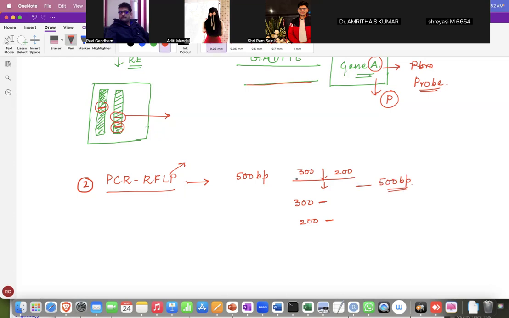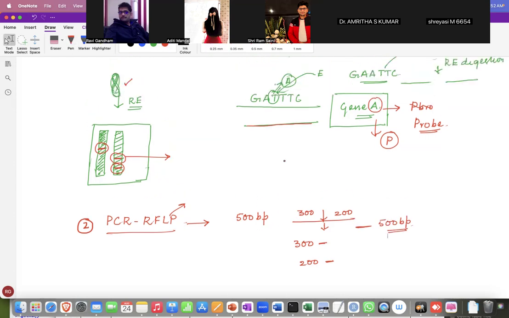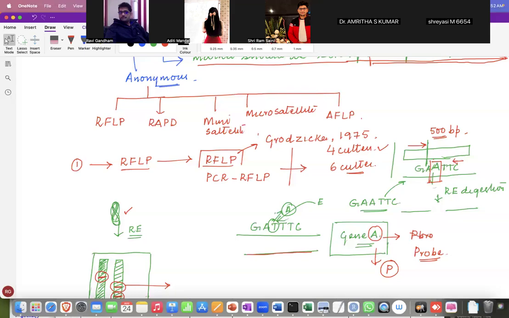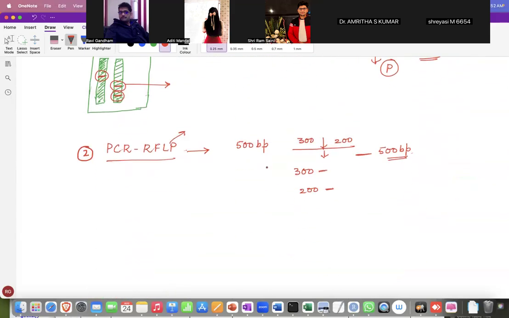Hopefully it is clear. We are just telling you the same old story here: having got polymorphism at a particular spot in a gene, you amplify the adjacent fragment of that polymorphic site using primers, and then digest it with the restriction enzyme. You initially amplify that region and then digest it.